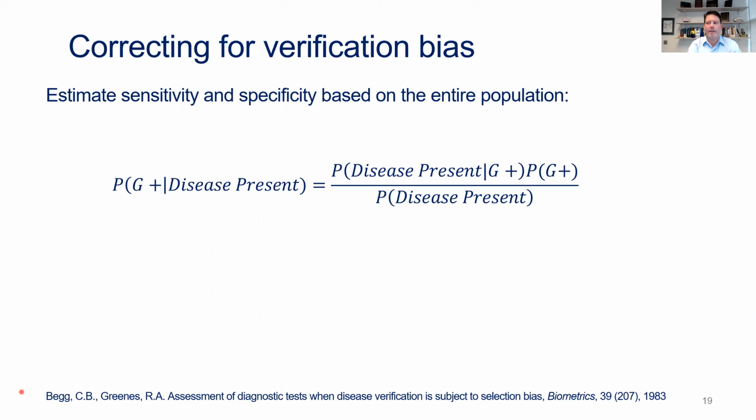So the probability that the disease is present given the guideline is positive, and the probability the guideline is positive, we can compute with the entire population. For the probability the disease is present, we can use the law of total probability to break this up, conditioning on a positive guideline or a negative guideline, and we can get unbiased or less biased results for sensitivity by doing that.